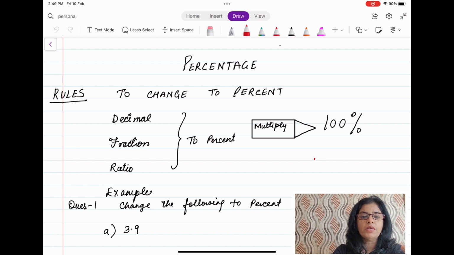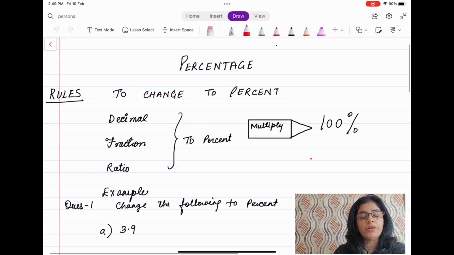There are a few typical types of questions that are asked in middle school, where they ask you to convert decimals, fractions or ratios to percent. So how do we convert it? To change to percent, we simply multiply the number by 100%. You will say, why with 100%?